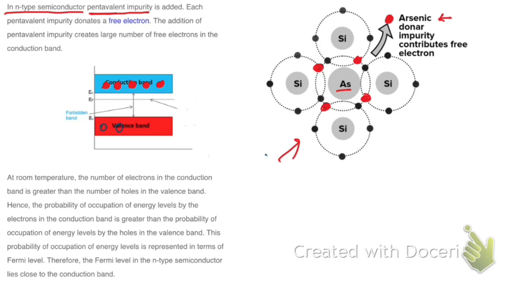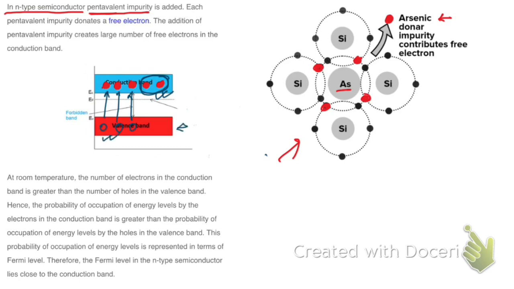Suppose these are holes, and a few electrons jump to the conduction band, and due to the addition of pentavalent impurity, we have more electrons in the conduction band compared to the holes in the valence band.